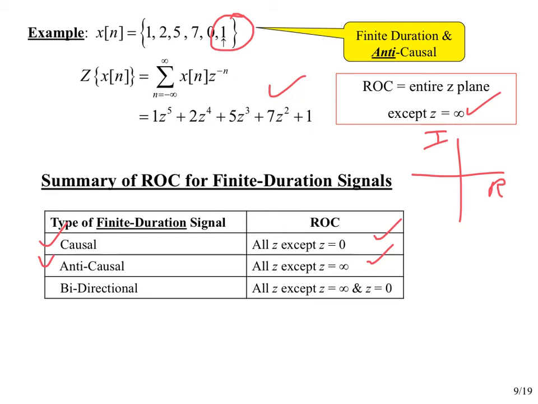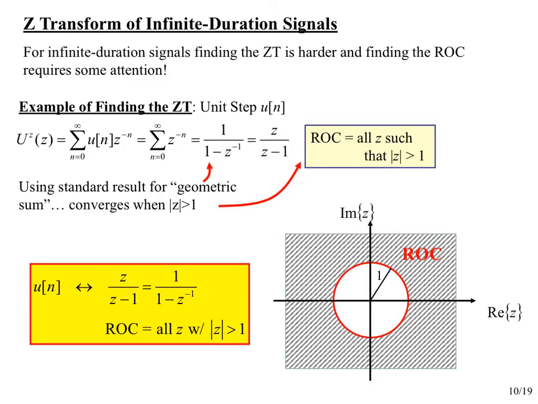And if we have a bidirectional finite duration signal, then we must exclude both of those points. So very simple scenarios to remember, and you should keep those straight in your head. Pretty easy to kind of deduce them too, so you don't really have to truly memorize them. Okay, so that's the case for finite duration signals.